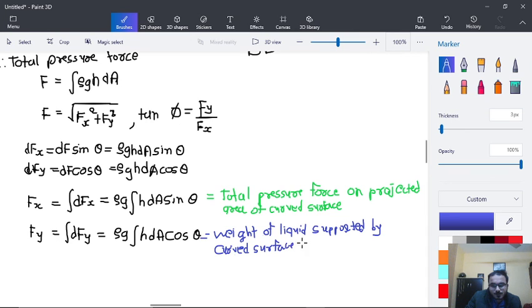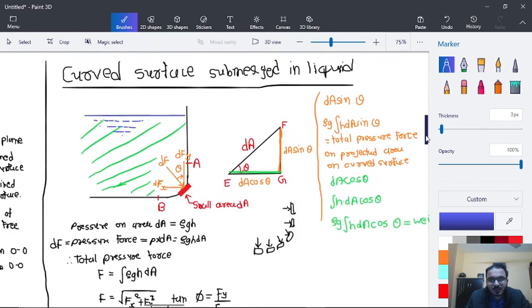up to free surface. So these are the two forces, and this is the end of this theory. So let's copy this.